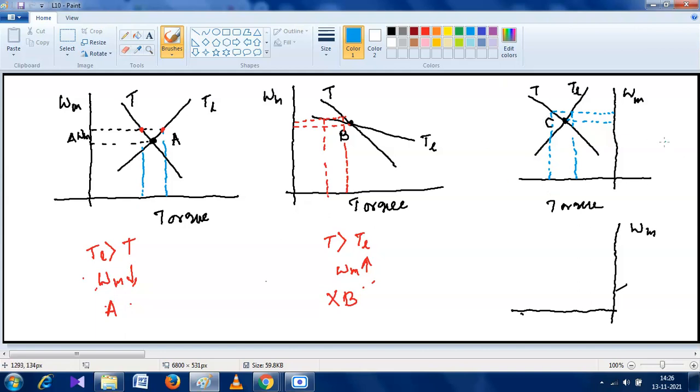Which torque is greater, machine torque or load torque? Machine torque. Why? Load torque.